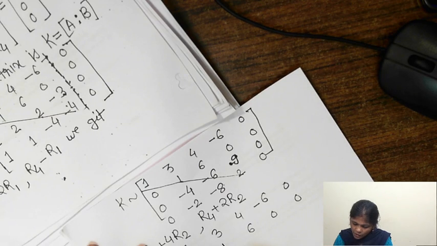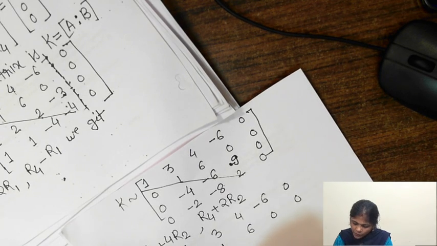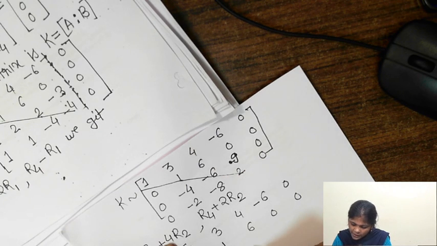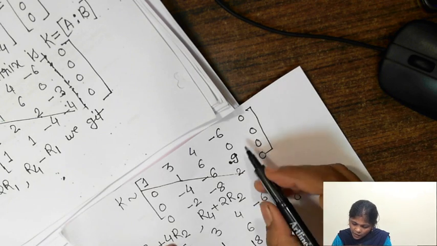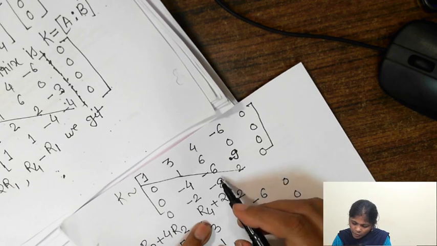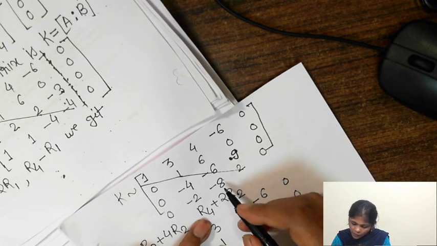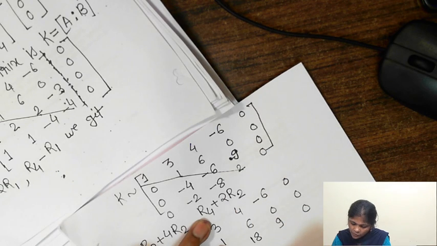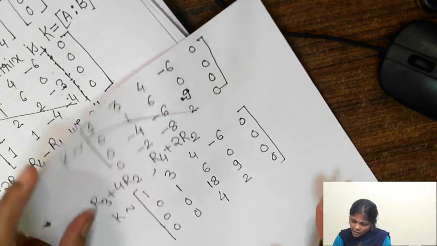Then 0 0, here also 0, plus 4 times, so 24 minus 6, 18. Then here it is 9 0. The last one, R4 plus 2R2, so it is 4, then 2 0. Like this we get the elements.